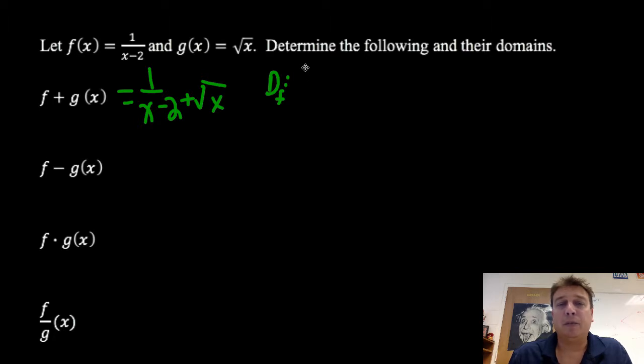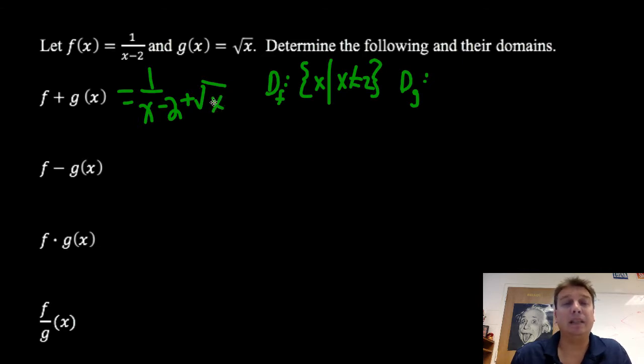it would be the set of all x such that x cannot be 2. Let's put it in this form for the moment. The domain with respect to function g, in this case, I can't be anything that would make the radicand negative.